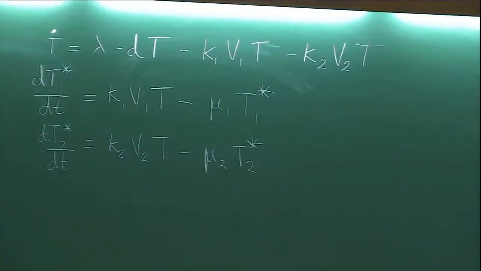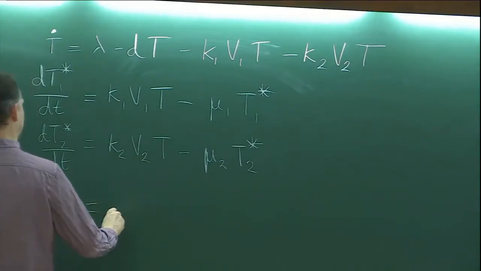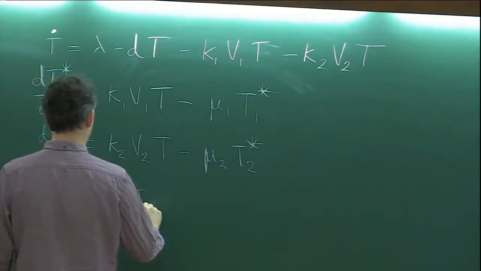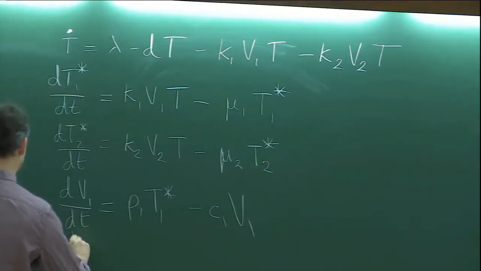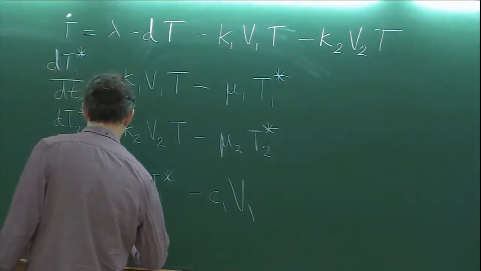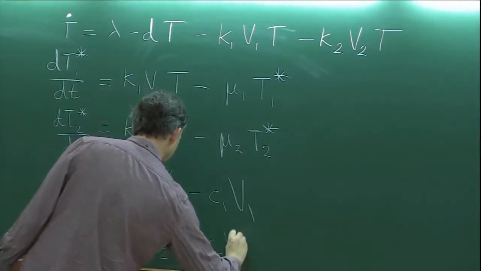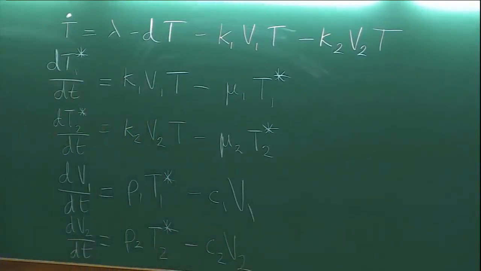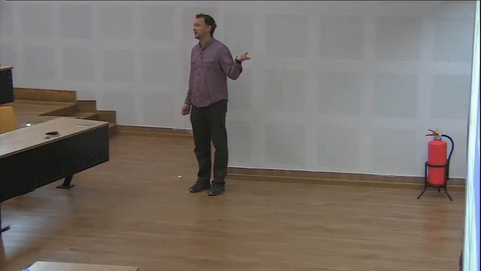And then the T1 stars make V1s, and the T2 stars make V2s. There's my model.